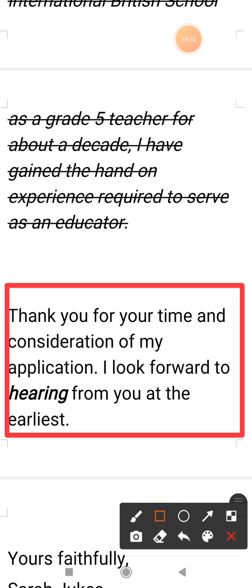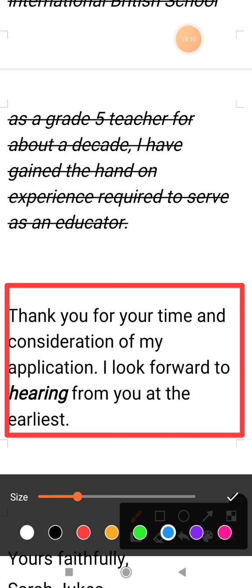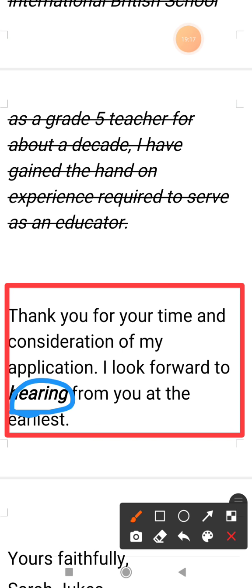I look forward to hearing. So you want to use a word that is in the continuous tense. Hearing. I look forward to receiving your response as regards my request, depending on what the question says. But in this case, this is an application. So you say, I look forward to hearing from you at the earliest.